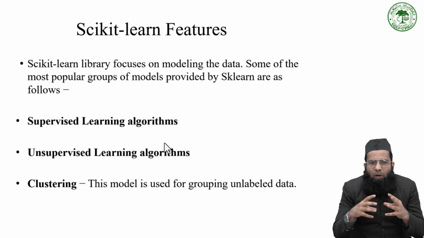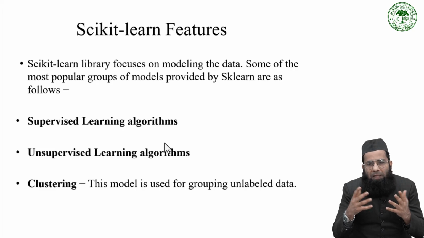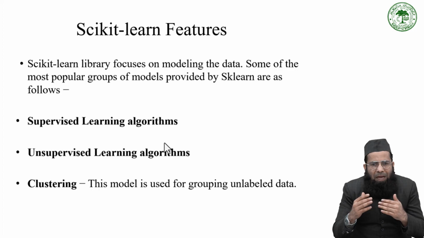Scikit-learn focuses on modeling the data. Some of the most popular groups of models provided by sklearn are as follows: supervised learning. Almost all the popular supervised learning algorithms like linear regression, support vector machine, SVM, decision tree, and others are part of scikit-learn.